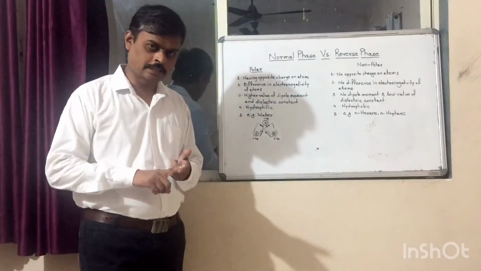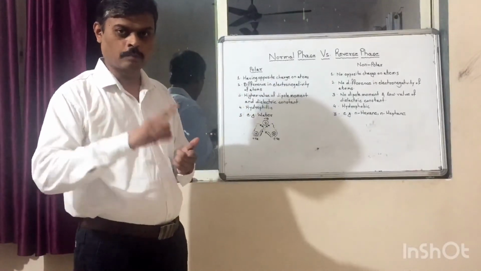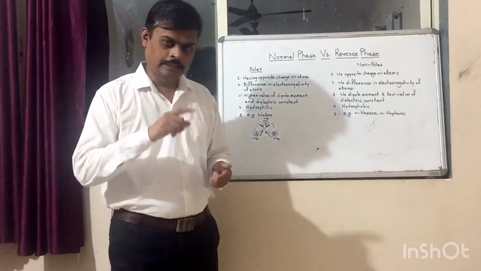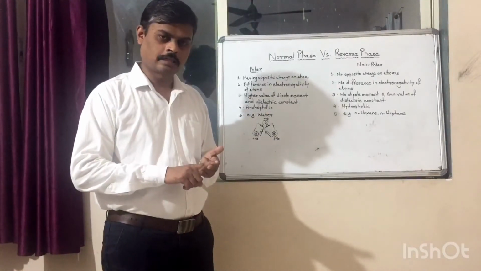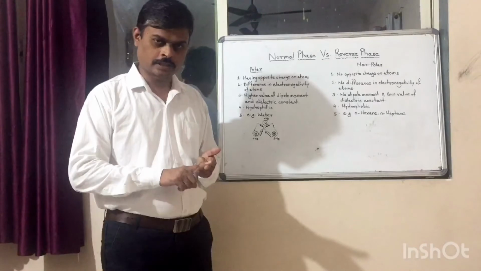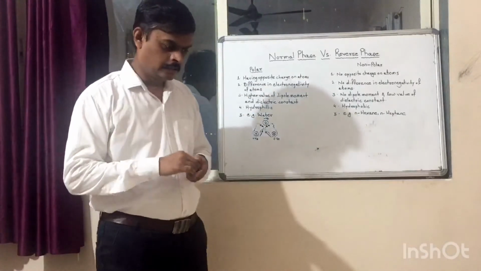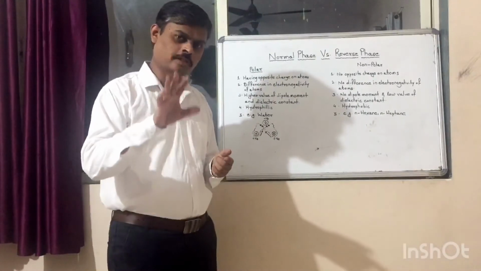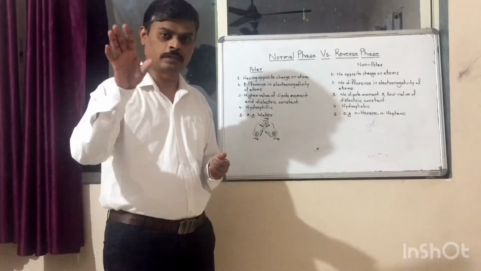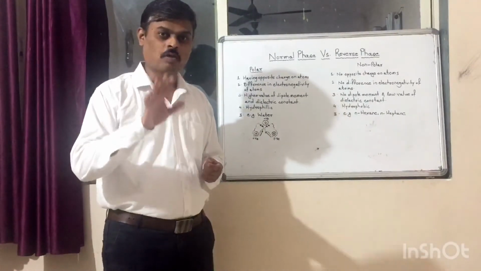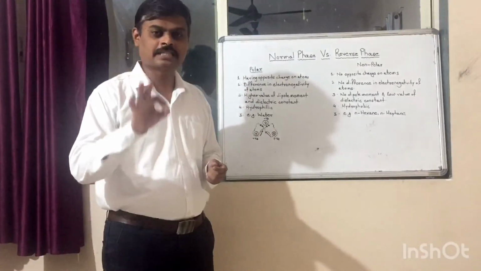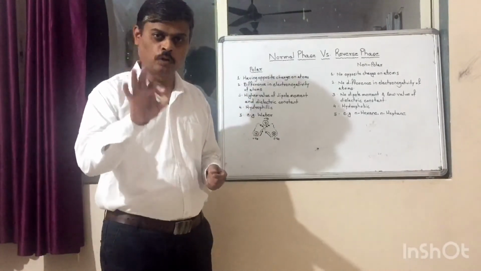And the last category is polar solvents or polar molecules. These molecules have a dielectric constant of more than 20. The dielectric constant of water is 80.1, and water is the most polar molecule.